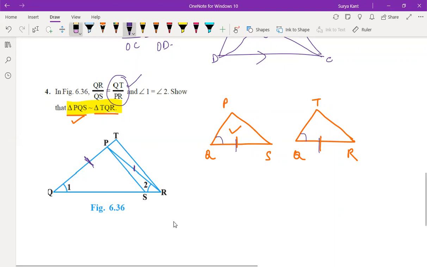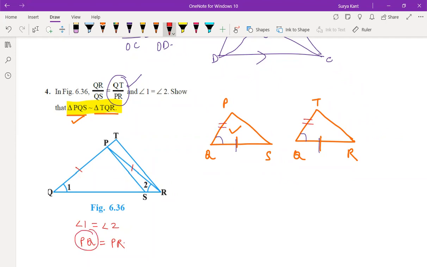Understood. What is given here? In the question it's given that angle 1 is equal to angle 2, right? It means that these two sides are equal, correct? We can write PQ is equal to PR, okay? They have given QT by PR, so instead of PR we can write PQ also. Both are equal.